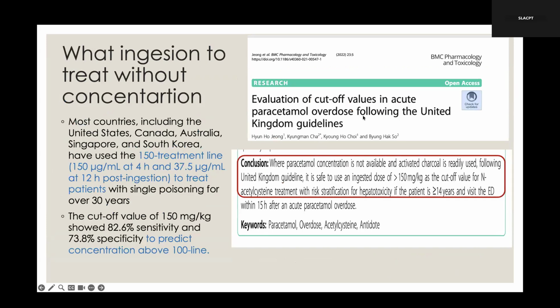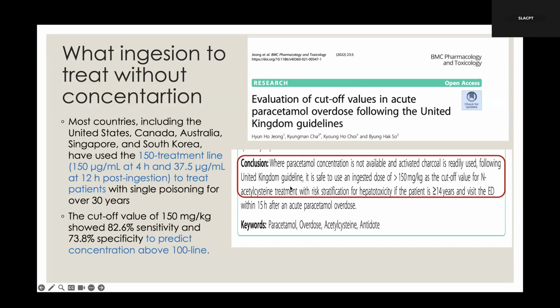This I find is a very useful article, published in 2022, because it is applicable to our setting. That is, what is the ingestion to treat when you are treating without the help of a paracetamol level. And it says that most countries use this 150 treatment line. I'll come in a moment to the nomograms. They considered the UK guideline, which uses a lower cutoff in the nomogram of 100 milligrams per deciliter as the cutoff point.